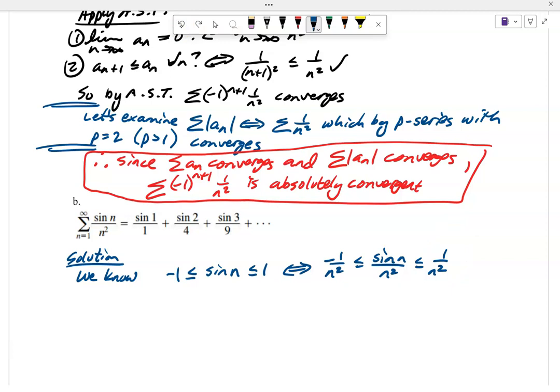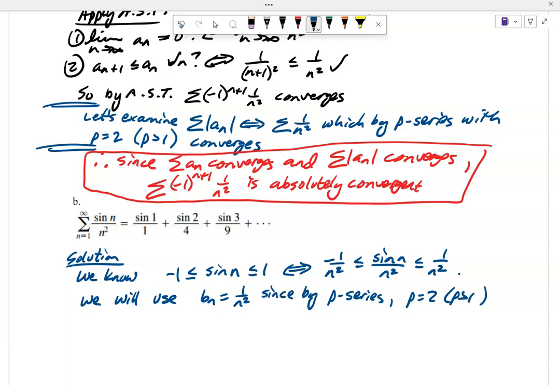And so we will use b_n equals 1 over n squared, since by p-series, p equals 2, it converges.